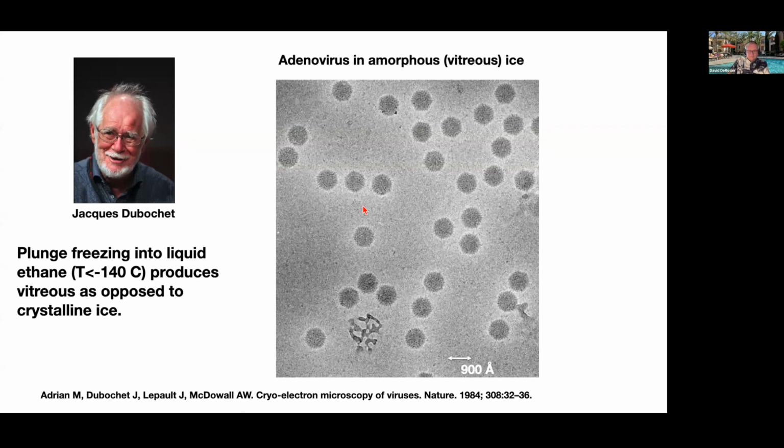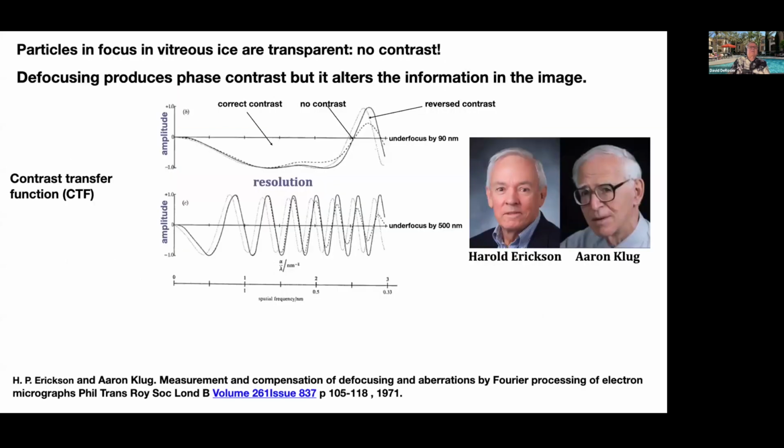Now, the thing you should know about the electron microscope is that in focus, there is no contrast. So in order to get the contrast you see here, you have to actually defocus the microscope to produce defocus phase contrast. Aaron Klug and Harold Erickson had earlier worked out the way in which defocusing produces phase contrast.